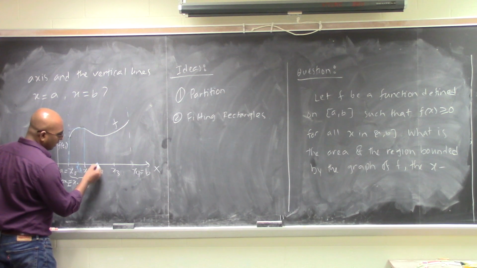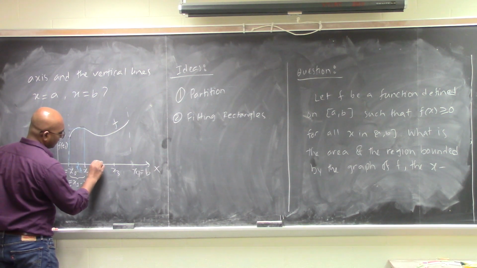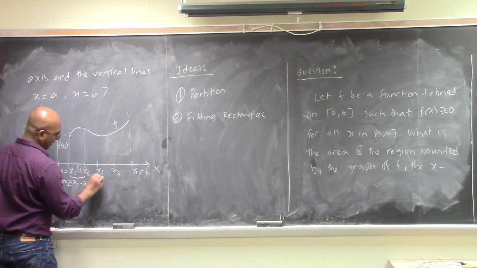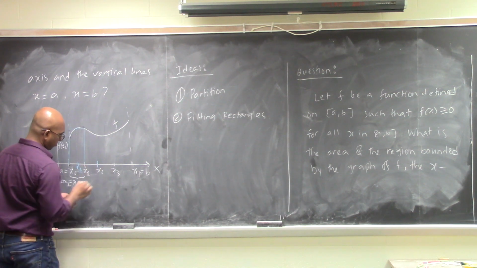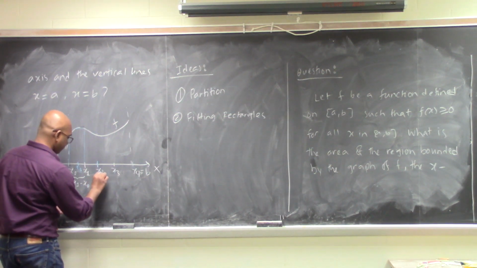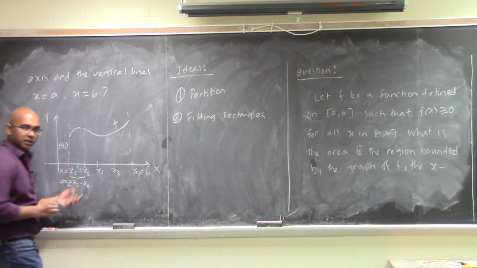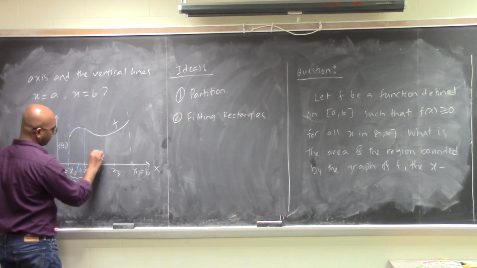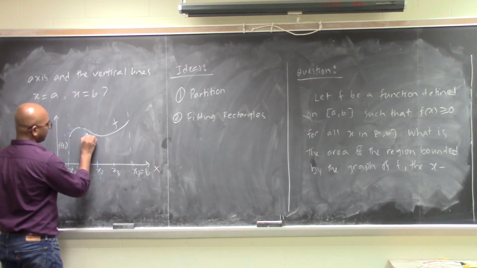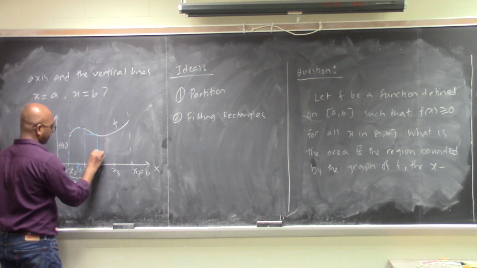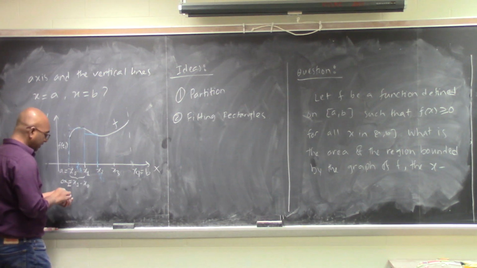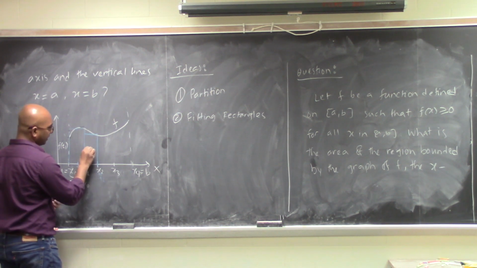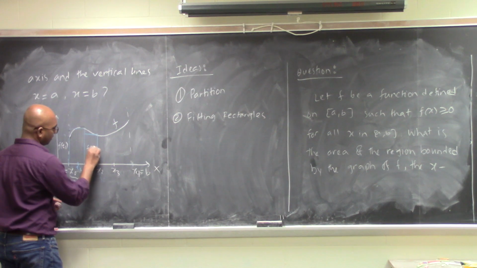So for this one, let's say I will just take this guy. This guy is my t2. I can take this one, and then I will fit a rectangle there of this height. Now this rectangle has height f of t sub 2.